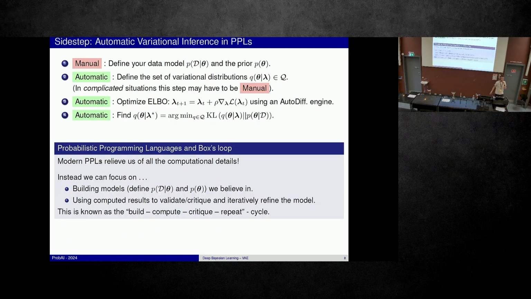So stepping a bit back, also taking into the context of what Silja has been discussing previously about Box's loop and what Helge has also been talking about in the beginning of today's lecture, we have this nice framework with, for instance, Pyro or generally probabilistic programming languages that helps us to avoid having to care about a lot of computational or model-specific details.